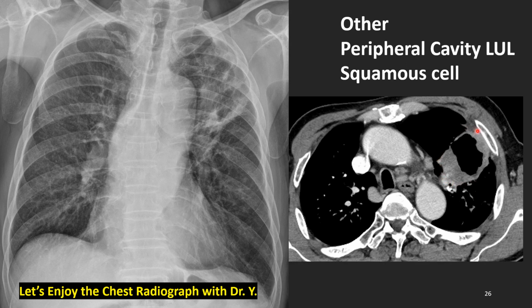In the left upper lobe, there is a large mass more than 5 centimeters with a thick, irregular margined wall with large cavitation. This is the typical, usual finding of cavitary peripheral lung cancer, most likely squamous cell type.